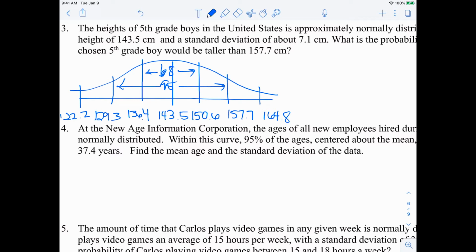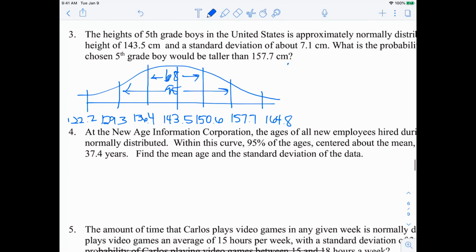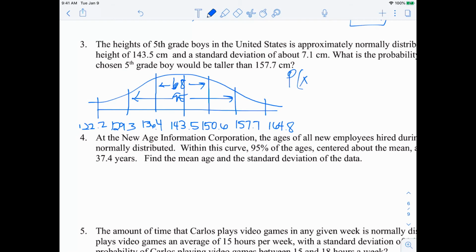within 3. But I'm going to stop here because I'm looking for the probability that a boy would be taller than, so greater than 157.7. So that is right here. And if it's greater than, I'm looking for all of this area here. So I want to go up. And since this is 2 standard deviations above the mean, that marks the 95% cutoff.